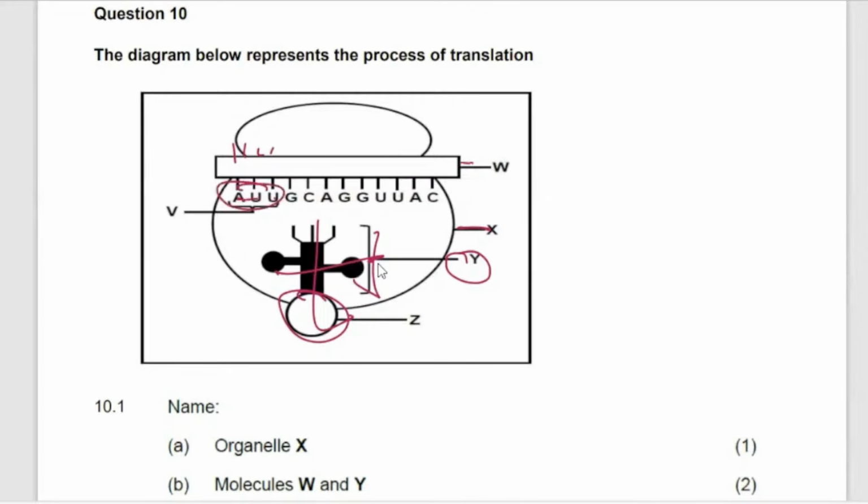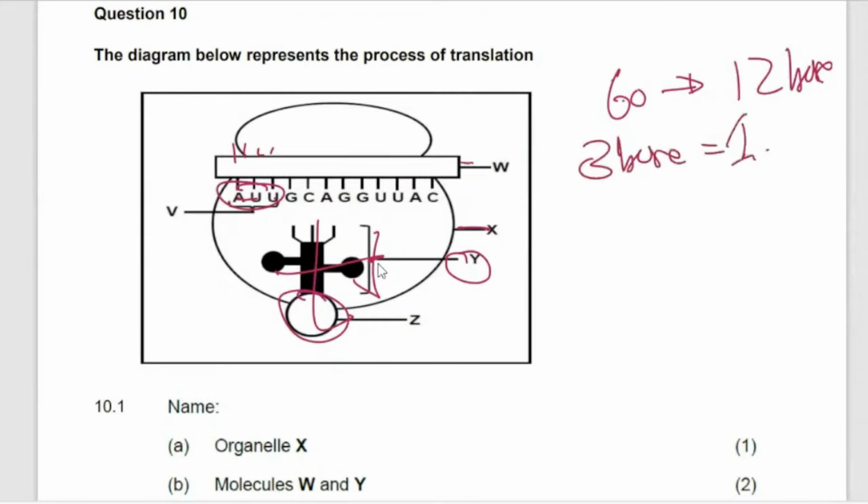Hey guys, two questions. The first one is how many codons in 12 bases? Remember, 3 bases is equal to 1 codon. So 12 divided by 3 makes 4 codons.